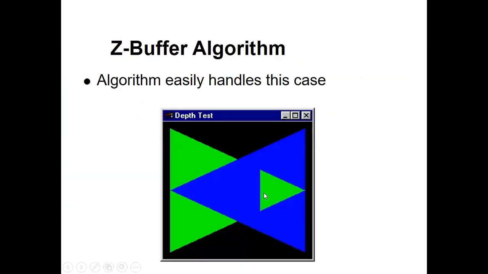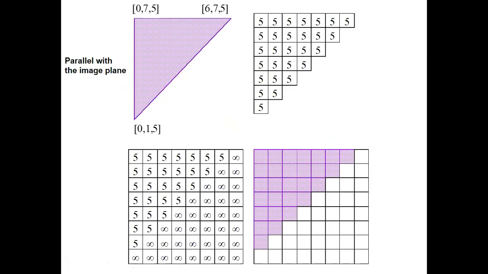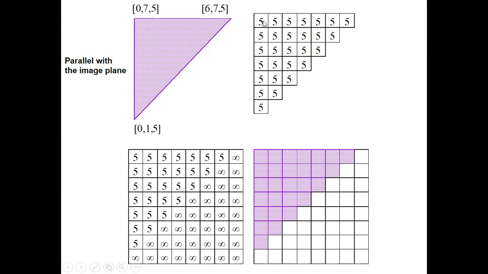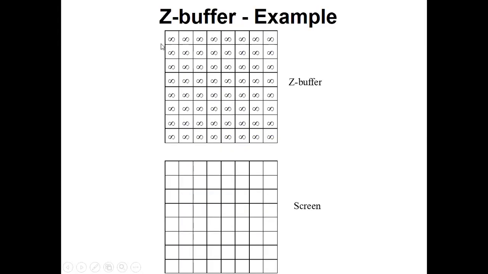So that means we are doing this phase. So it was infinity. Infinity will be compared with 5. So the calculated Z buffer value is 5. 5 is less than infinity.